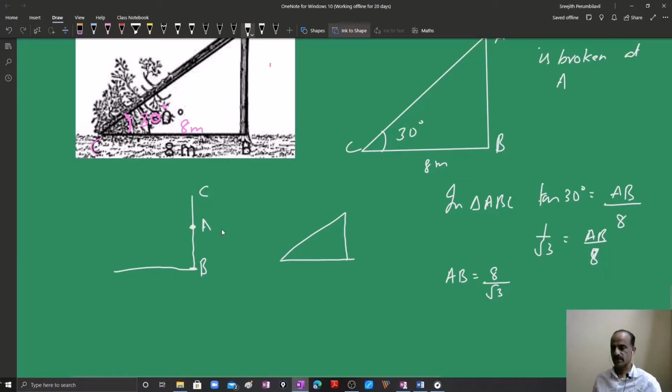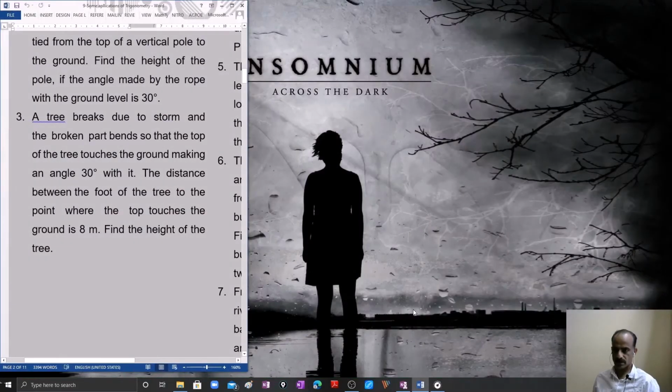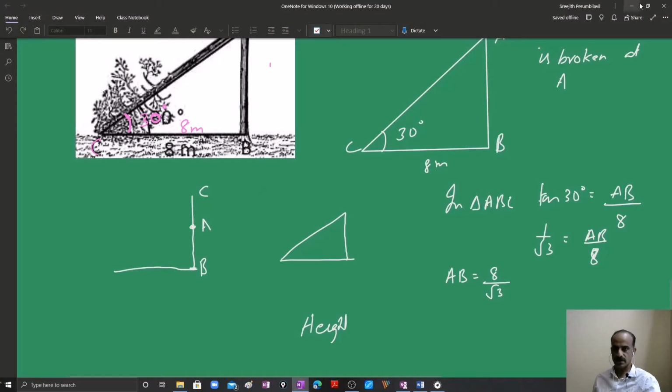Now what is the height of the tree? The question is the height of the tree. The height of the tree is not equal to 8 by root 3. In fact, the height is equal to AB, the remaining part, plus AC, the broken part.